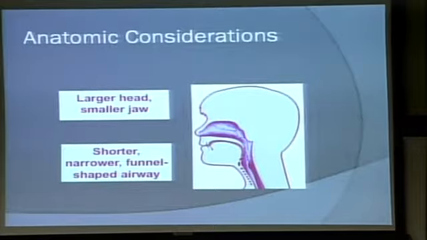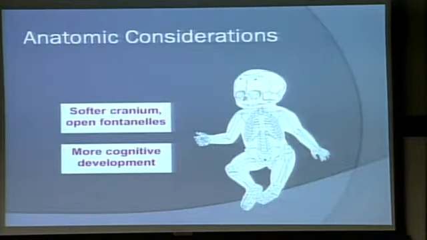So, kids have a larger head and smaller jaw, which makes it a little bit more difficult for your intubation tube. Shorter, narrow, funnel-shaped airway. Soft cranium in infants, with open fontanelles until sometimes after a year. That allows a lot of swelling inside the head before increased intracranial pressure.